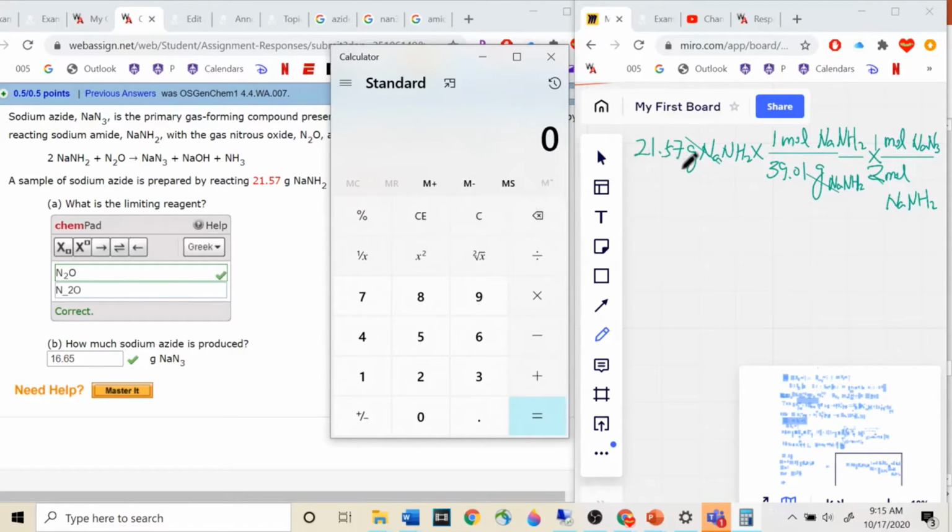Start from 21.57 divided by 39.01, further divided by 2.